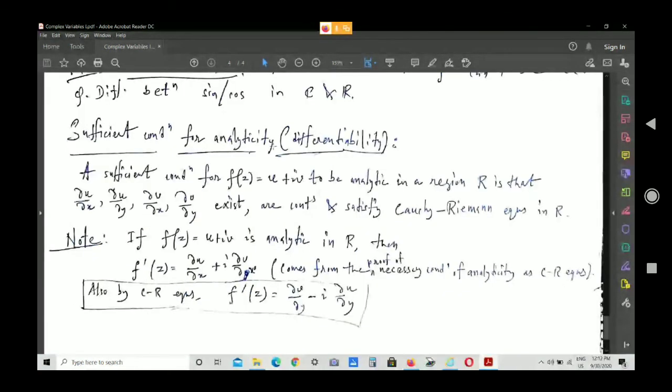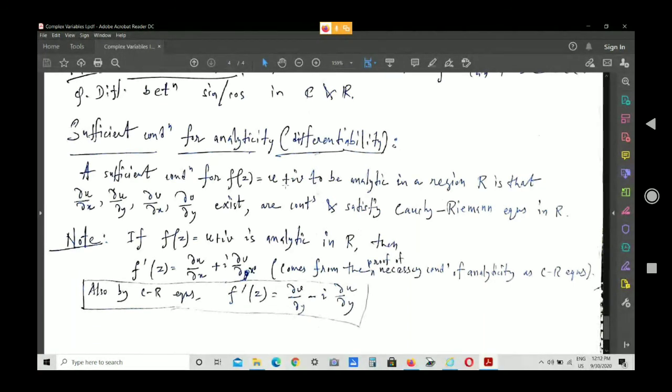Now, the sufficient condition for analyticity or differentiability. We have seen the Cauchy-Riemann equations earlier, and one example where the equations are satisfied but the function is still not differentiable. So we need Cauchy-Riemann equations plus something else, and that is given by this result.